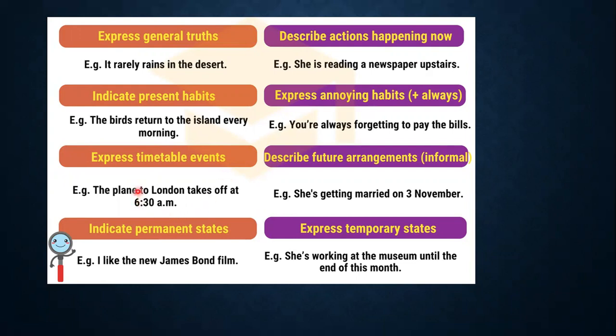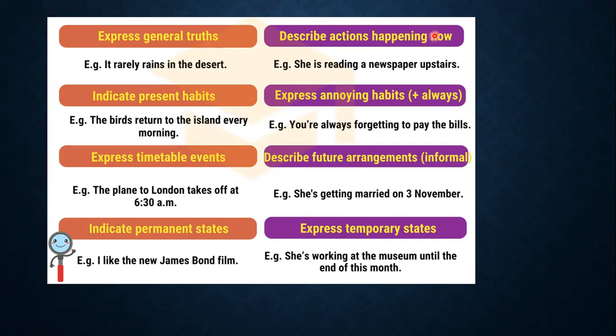Because it has a time, tiene un tiempo en específico, que eso va a suceder en el presente, in a near future, en un futuro cercano. Indicate permanent states, que indica como estados permanentes o gustos permanentes o indica cosas permanentes en este caso. I like the new James Bond film. Está diciendo que me gusta la nueva película de James Bond. Ahora vamos with the purple one, that is the present progressive or present continuous.